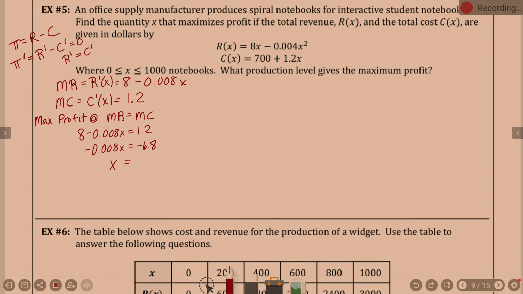Whatever 6.8 divided by 8 thousandths is. And so our max profit happens when we have 850.